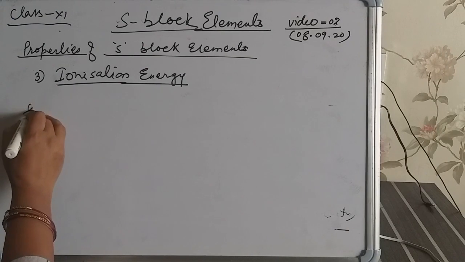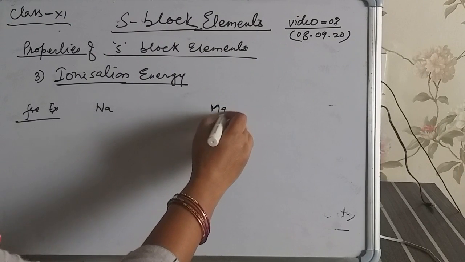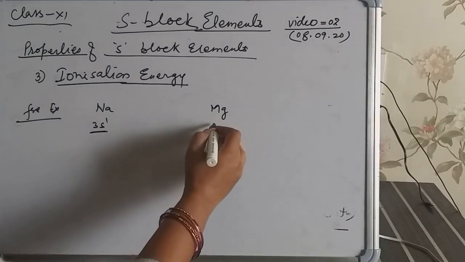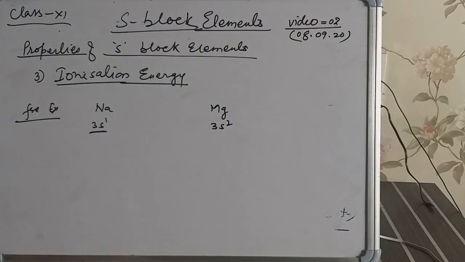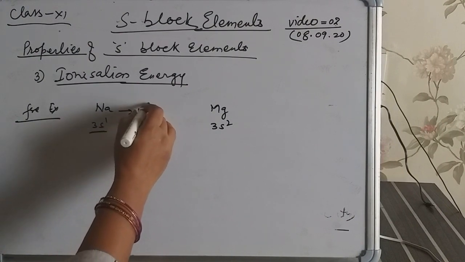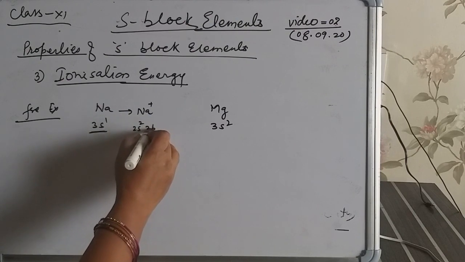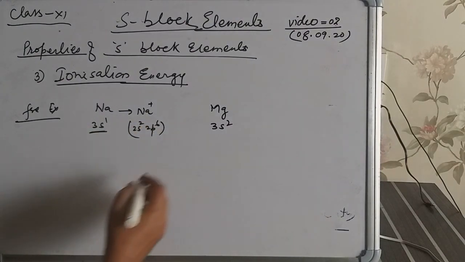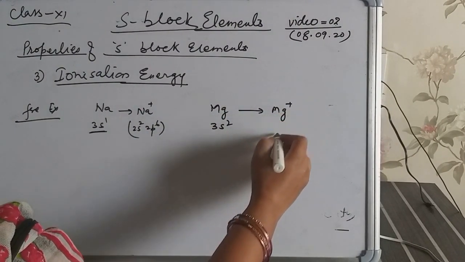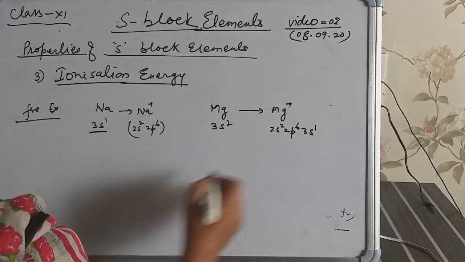For example, sodium and magnesium. Sodium's outermost configuration is 3s1 and magnesium's is 3s2. When sodium loses one electron, it becomes a sodium ion with configuration 2s2 2p6, whereas magnesium after losing one electron has 2s2, 2p6 and 3s1.